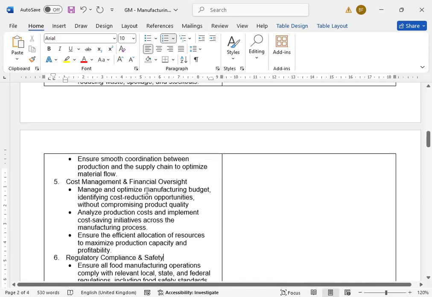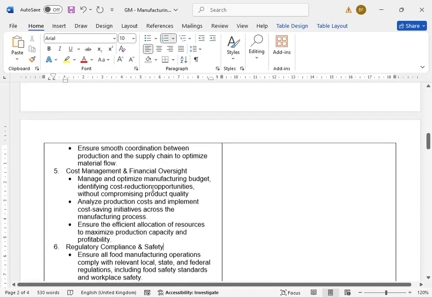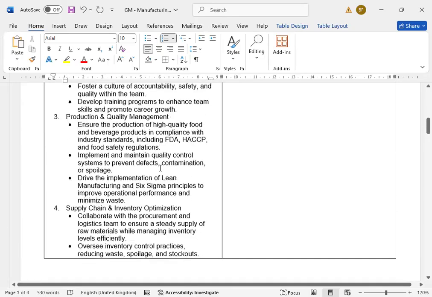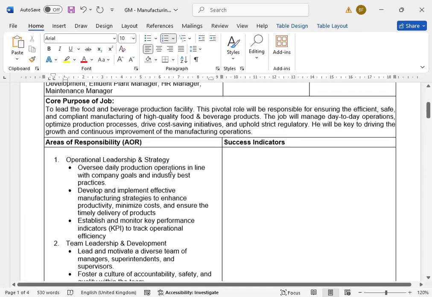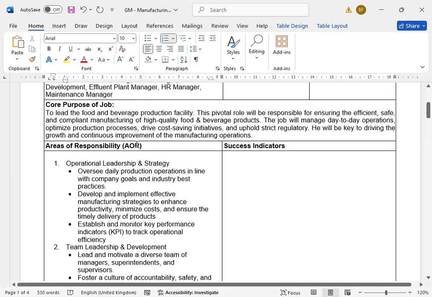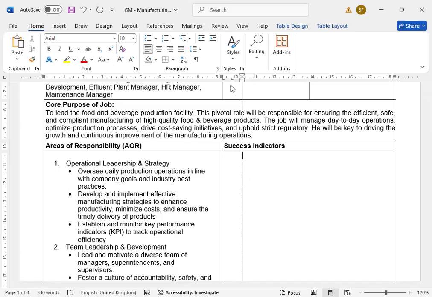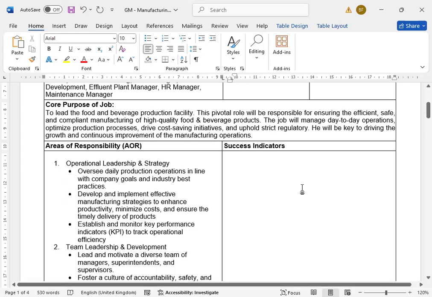So, how do you know if these six areas of responsibility, AOR, are working or not? What would be the success indicators of this? Right. We should put success indicators for this.